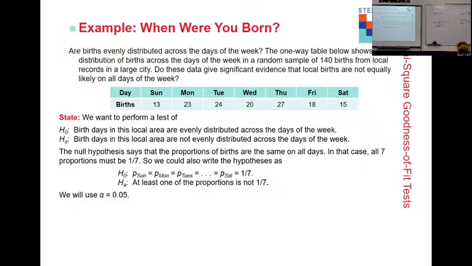Then our new condition is expected counts. So how we're going to get our expected counts is, what's our total sample size here? 140. And we would expect 1/7 of them to be in each one.